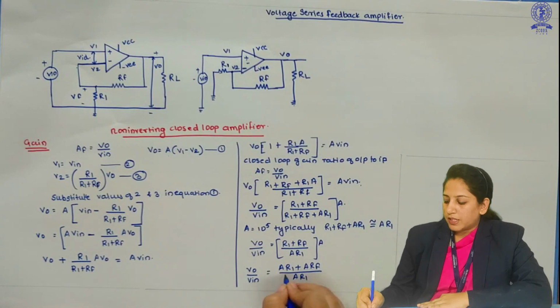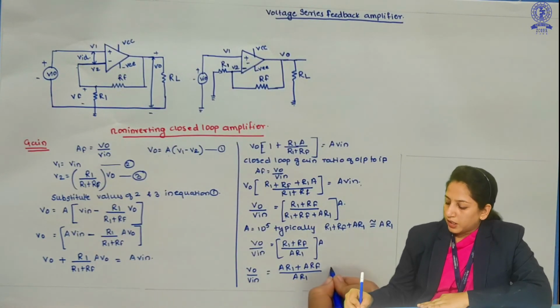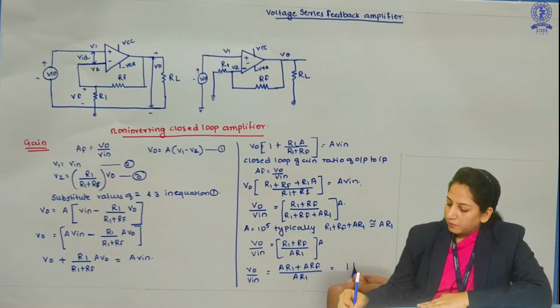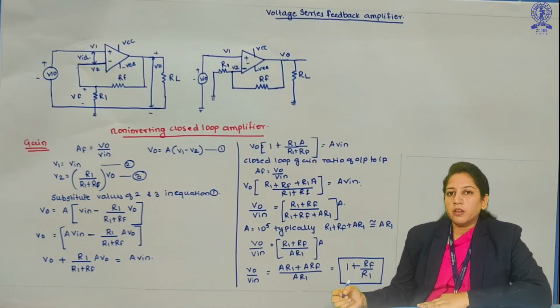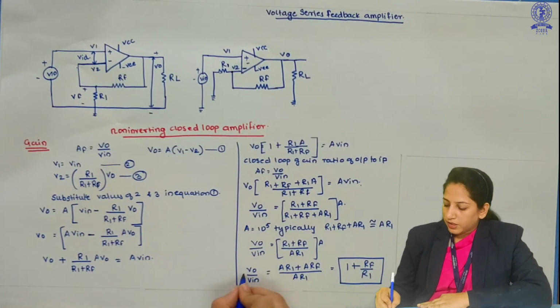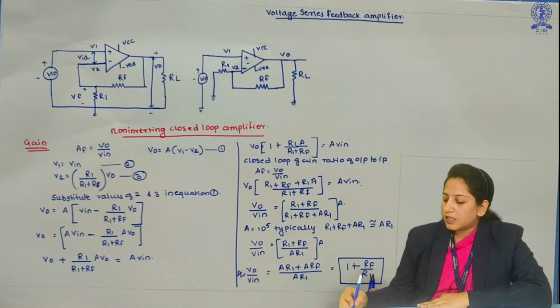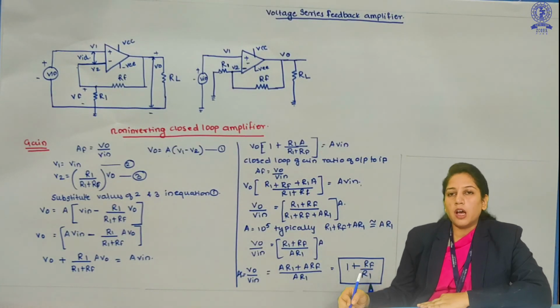And if I simplify this term, then it will become 1 plus RF upon R1. So this is my formula for gain. Okay. So my gain AF is 1 plus RF upon R1.